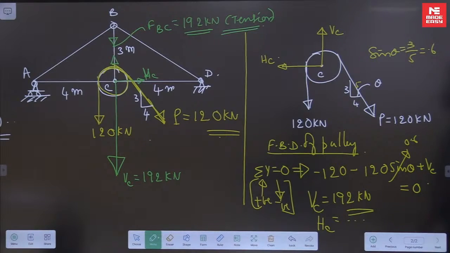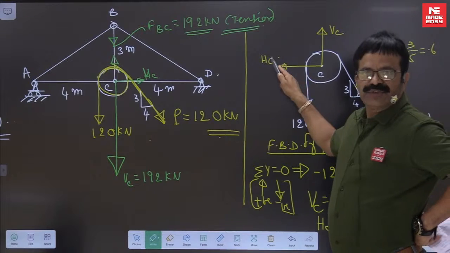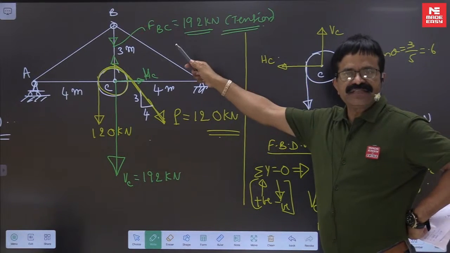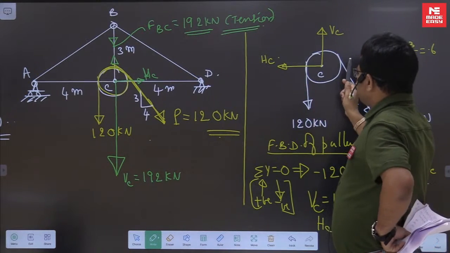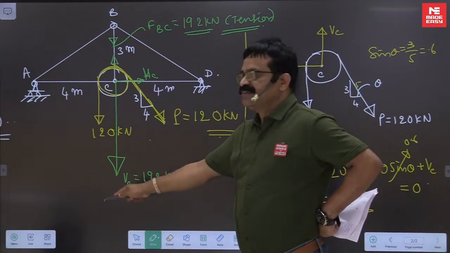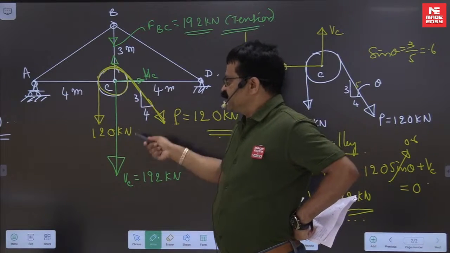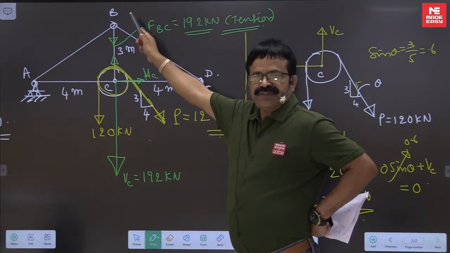So this is the process. The yellow ones, VC and HC, are the forces exerted by the truss on the pulley. In return, what the pulley will do on the truss is exert the opposite: VC is down, HC is left side, here it will exert right side. HC we are not interested in, we are interested only in the force BC.